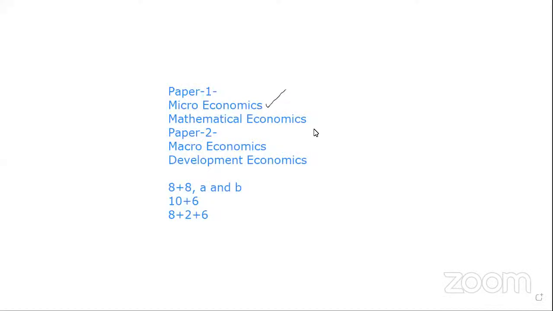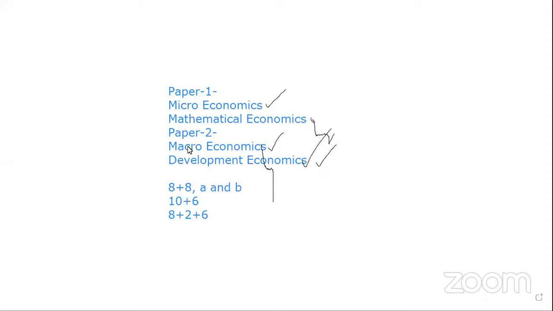Sometimes 3 for microeconomics, 2 for mathematical economics. Sometimes it is also 2 for microeconomics, 2 for mathematical economics. Same goes with paper 2. Either 3 for macroeconomics, 3 for development, or 2 for macro and 2 for development.